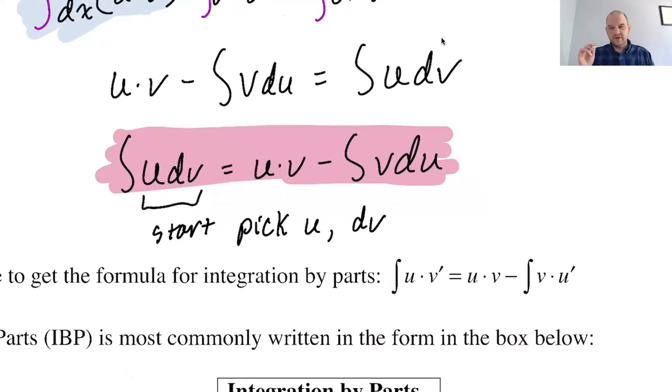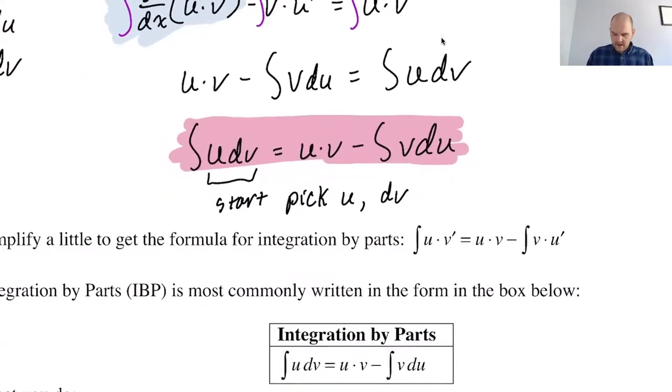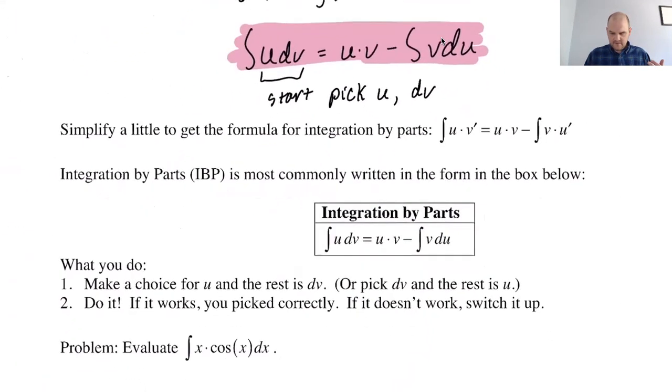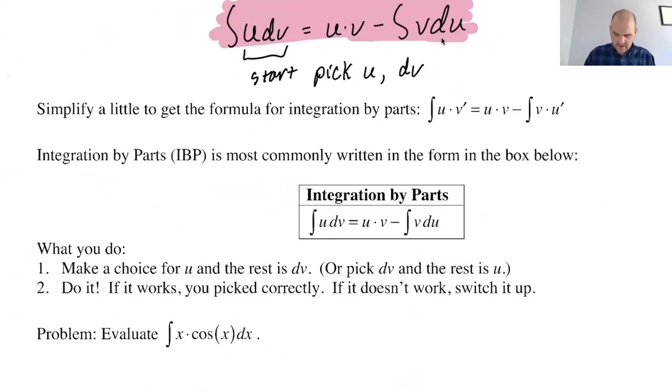I'm going to need to know what v is, so I'll have to integrate dv. I'm going to need to know what du is, so I'm going to have to find the derivative of u. But if I can do that, then I might be able to use integration by parts. So integration by parts, generically, so let's put a box around this. Let's use a much larger highlighter. This is our formula.